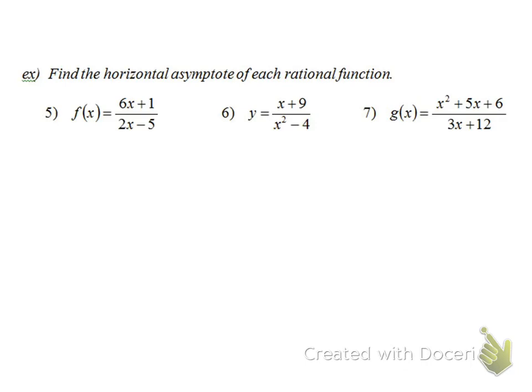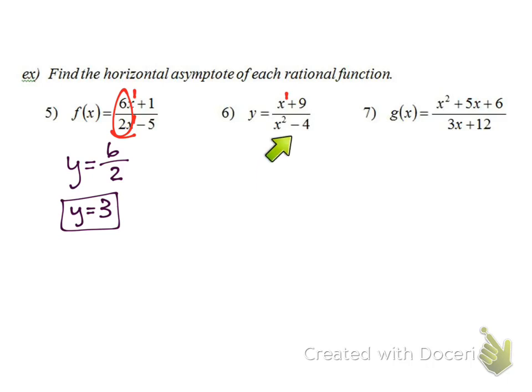In the first one, I noticed the degree in the numerator is 1, and the degree in the denominator is 1. Since the degrees match, the horizontal asymptote is leading coefficient divided by leading coefficient. In the next, the degree in the numerator is smaller than the degree in the denominator, so the degree in the denominator is bigger, and automatically the horizontal asymptote is y equals 0.